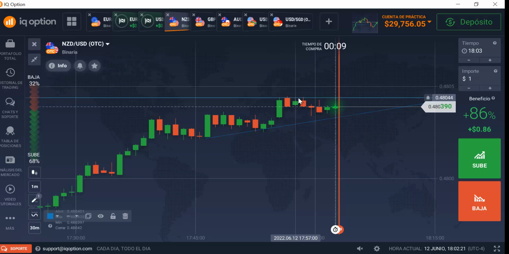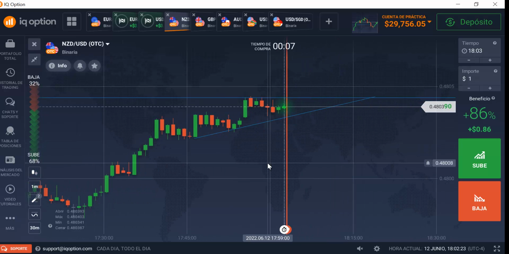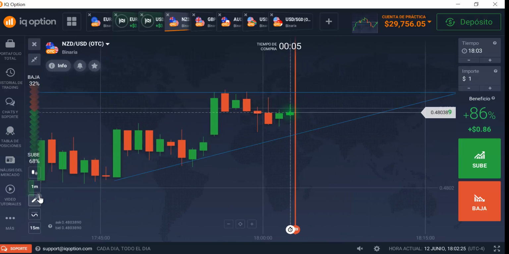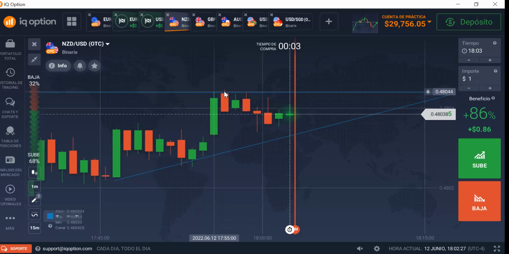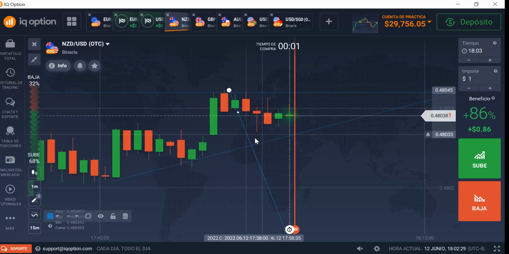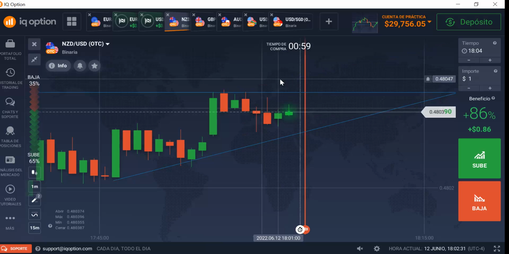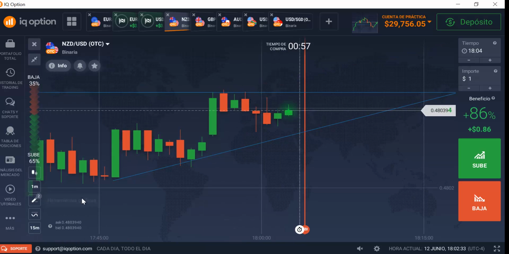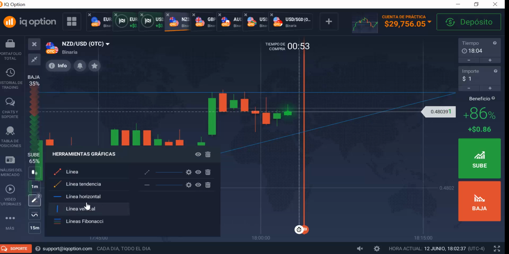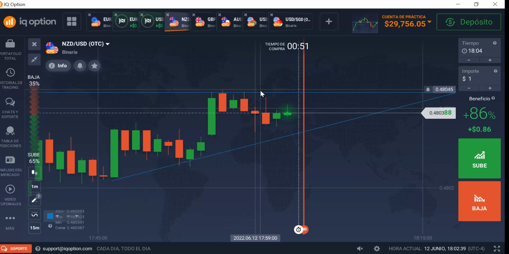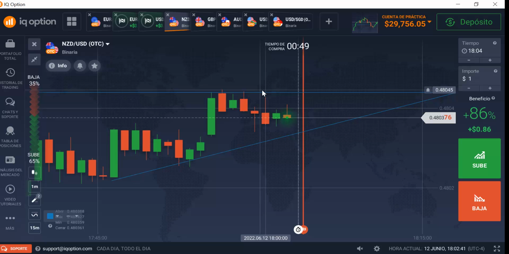So I expect that when the market breaks this area, depending on the type of candle, it is going to give me a retracement candle.